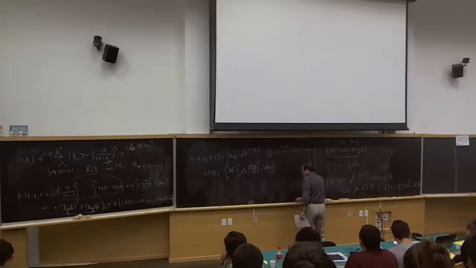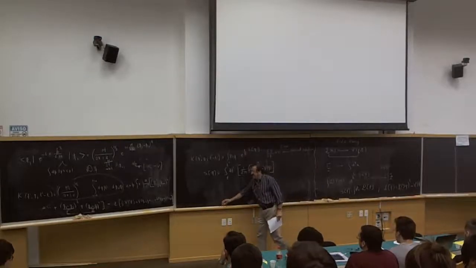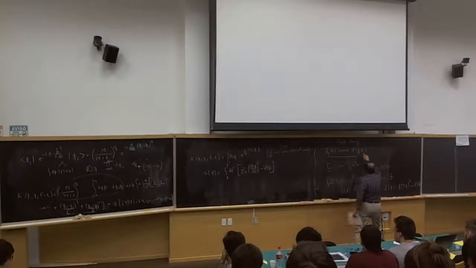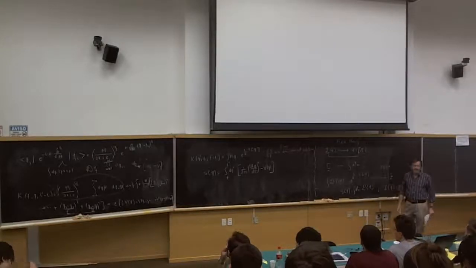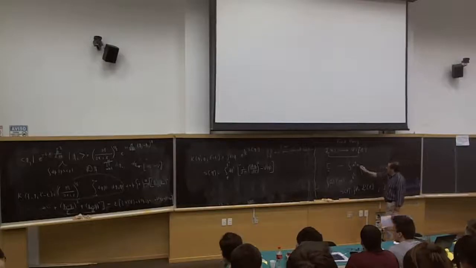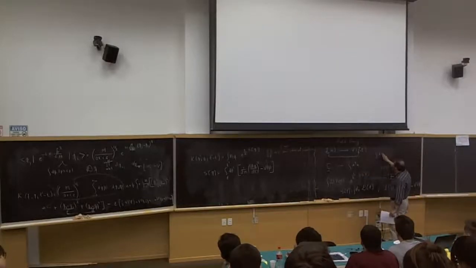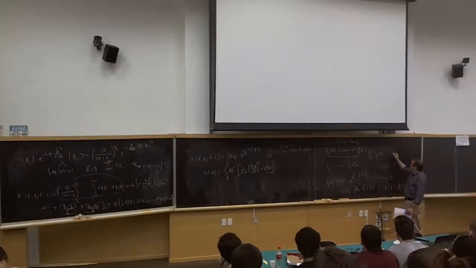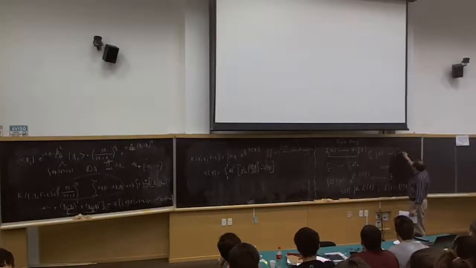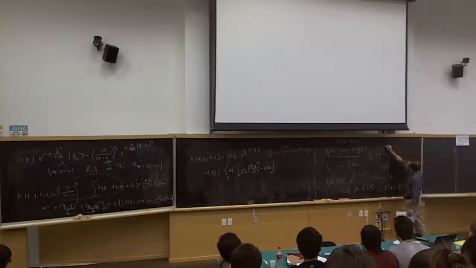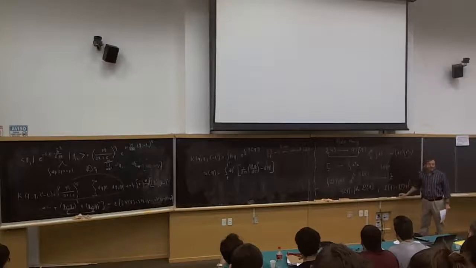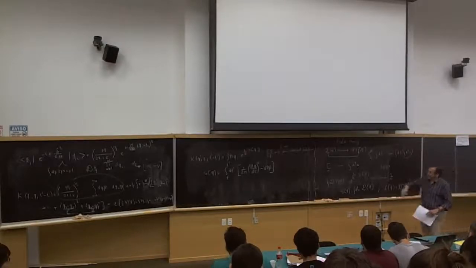Alpha is d3x because t is still there, so this is 3. D4 because I already had a dt there, sum over alpha. So this goes dt, d3x, so this comes from here.